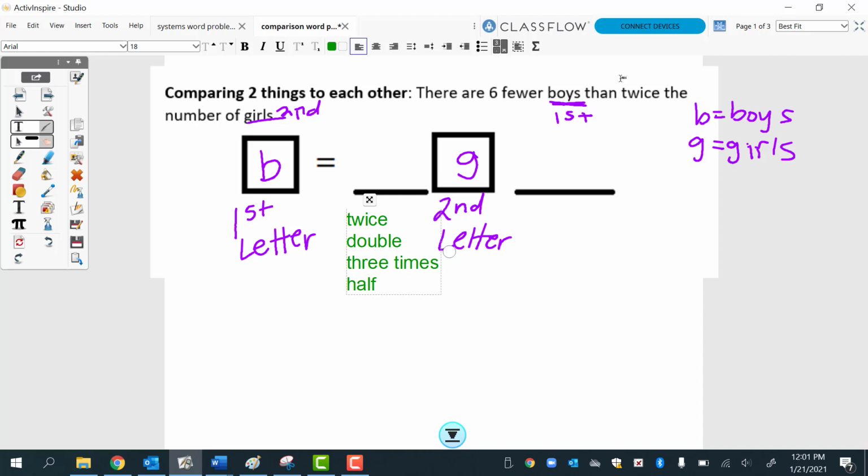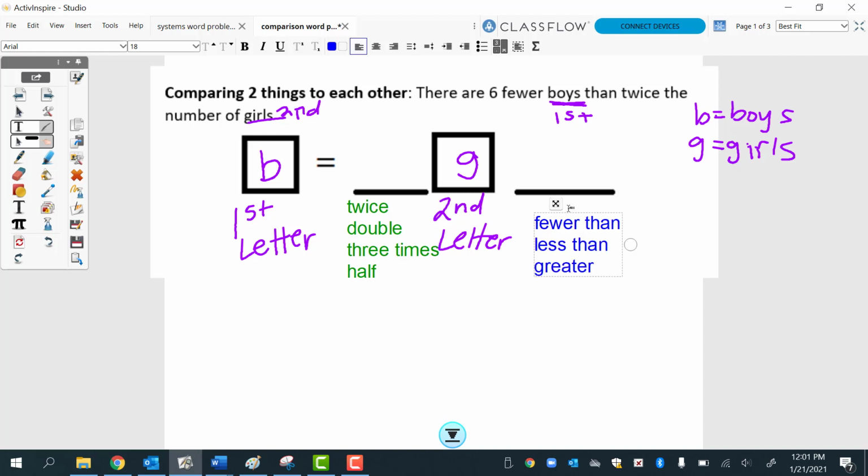The number that goes behind the letter is going to be talking about fewer than, or less than, or greater than, or more than.